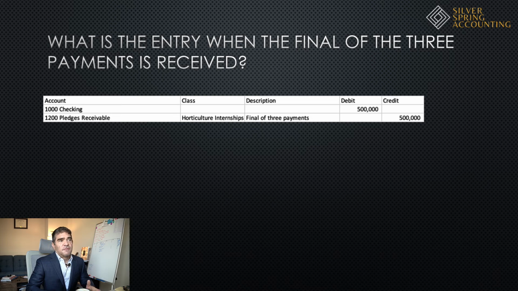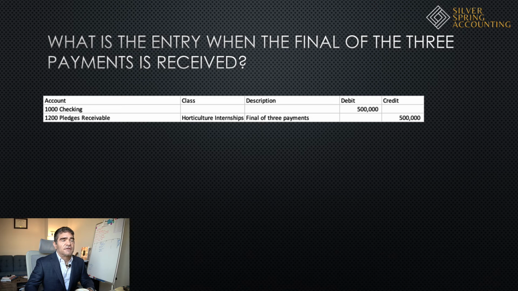Then we eventually receive the final of the 3 payments. We're assuming this is all within the course of a year. They made the donation at the beginning of the year, and throughout the year, this is the final payment. We're just going to record a debit of the remaining $500,000 to checking, and then reduce our pledges receivable by that remaining $500,000.